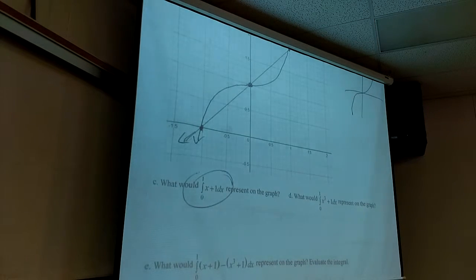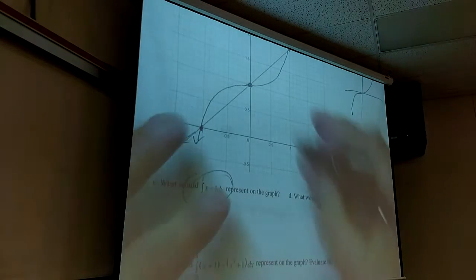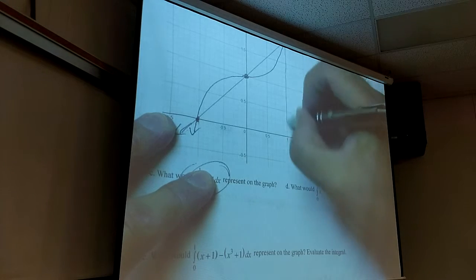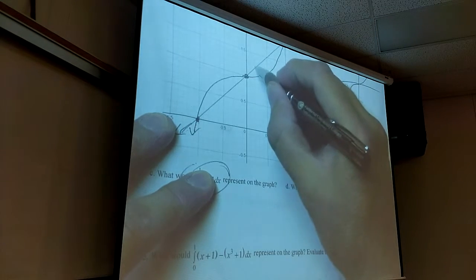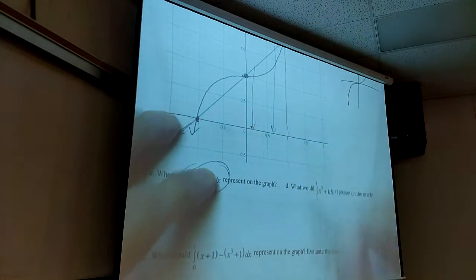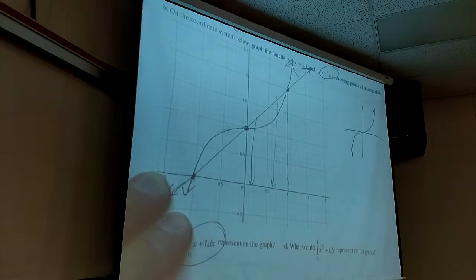Let's be a little more specific like I did last time. It's not just under, it actually stops where? It's the area between the function and the x-axis. Is that cool? So that would be on the picture, this area all the way down. Okay, that's what we learned before.